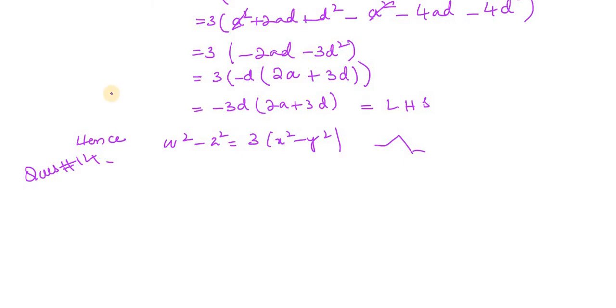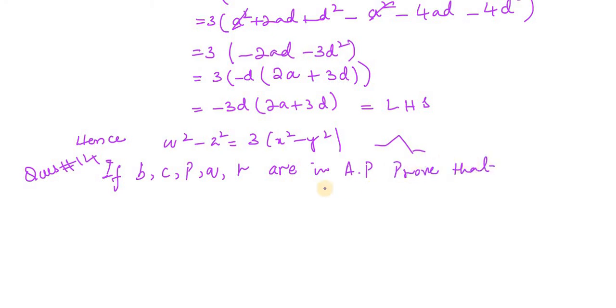Okay, in question number 14, if B, C, P, Q, R are in arithmetic progression, prove that B plus R is equal to C plus Q is equal to twice of P. Okay, solution.